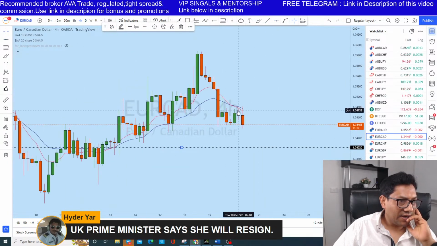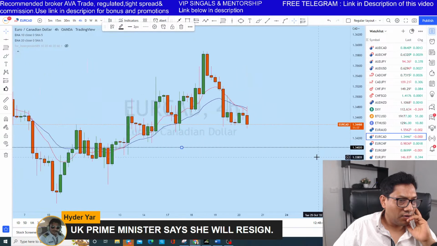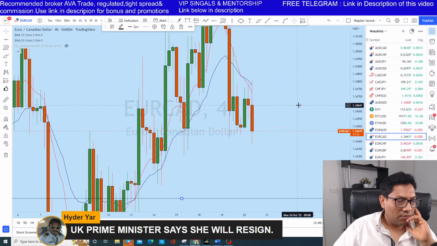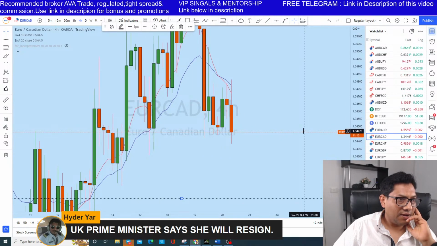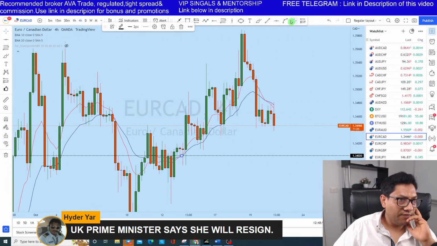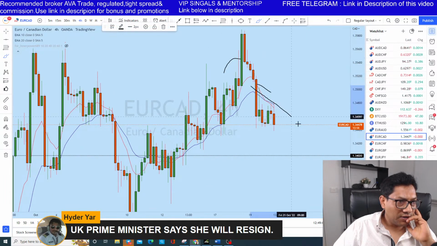So it has grabbed liquidity. But I think we might find some selling opportunity on Euro CAD, because it has a big liquidity grab, created a head and shoulders, created a channel, and tested this 20 period moving average.